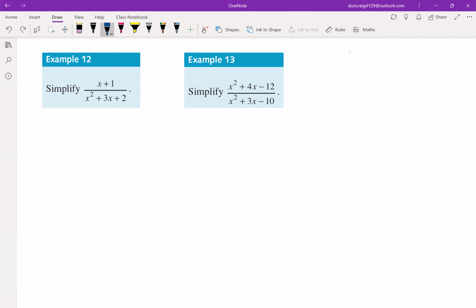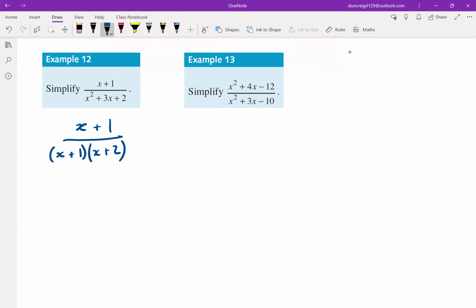That x plus 1, I can't do anything with, so I'm just going to keep it as it is. I'll write down x plus 1 first up for my fraction. However, for the denominator, I can factorize that like in chapter 4c. So that becomes x plus 1, x plus 2.